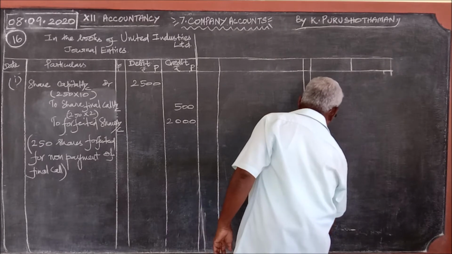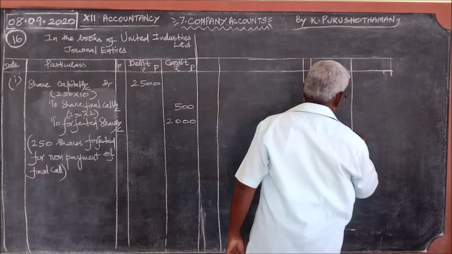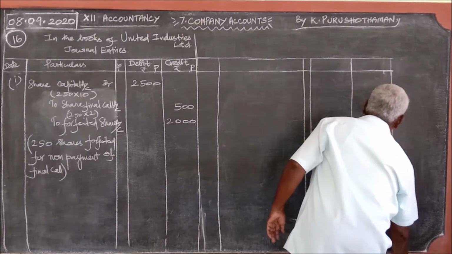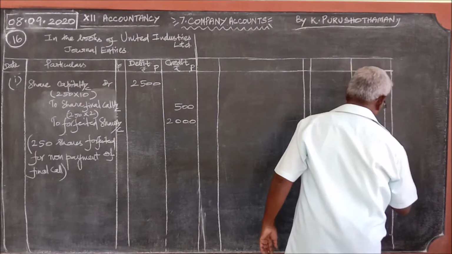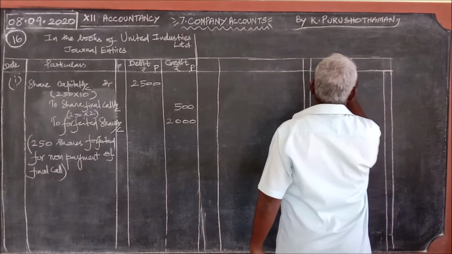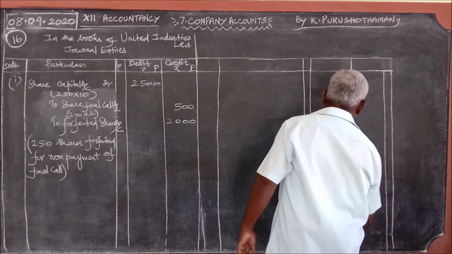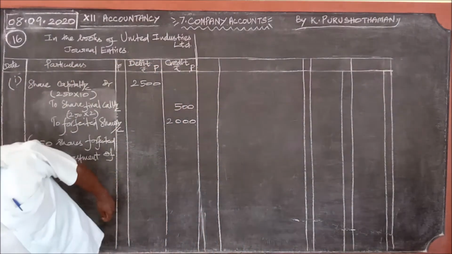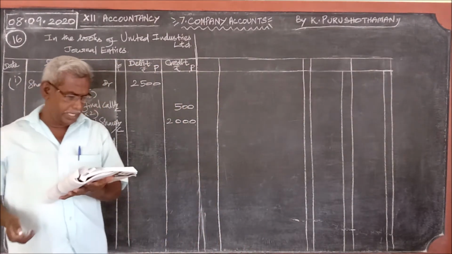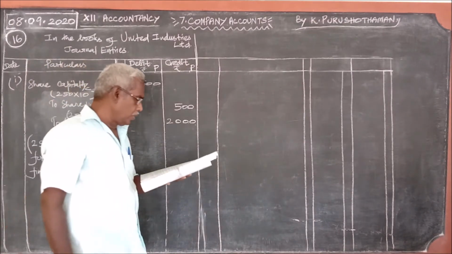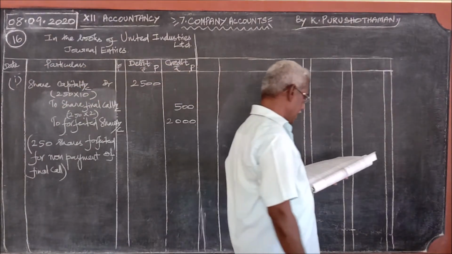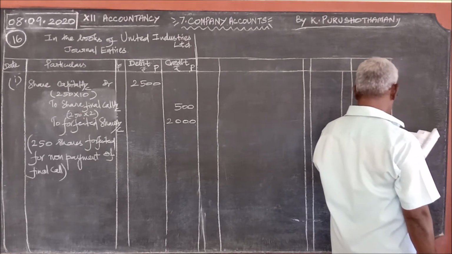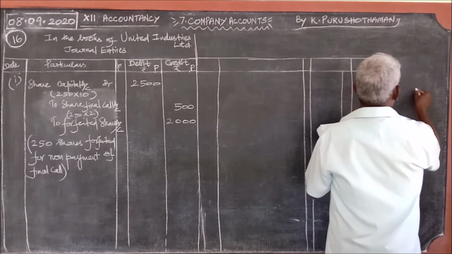In the second case, it is said, Manoj, who holds 250 shares, failed to pay the allotment money, first call and second and final call, 3 stages.